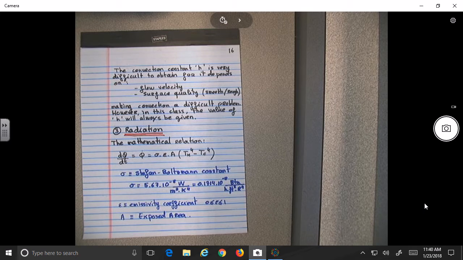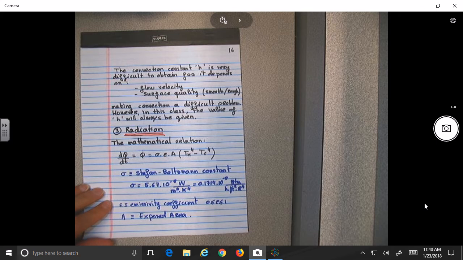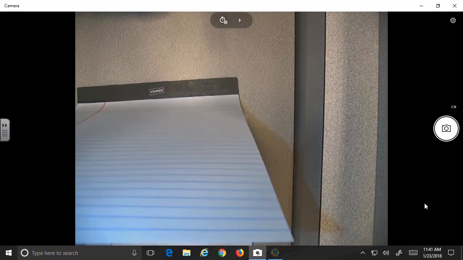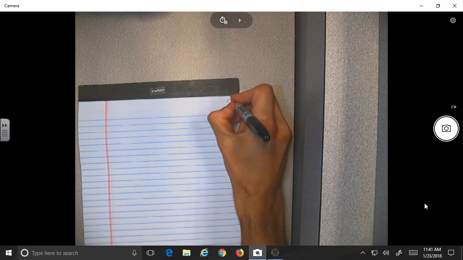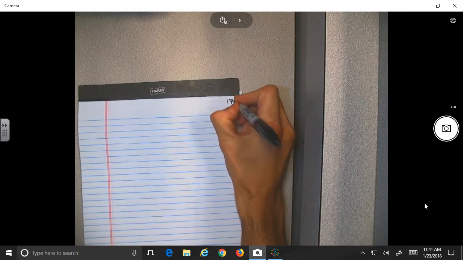We have done a lot of stuff, but we haven't done any example for conduction, convection, and radiation. So let's see if we can do a couple of problems. So 15, 16. Page 17, and let me find a problem.